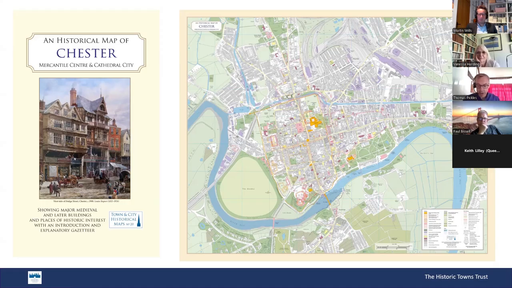Then he asks you to create a gazetteer of historically significant sites from the beginnings of the city up to the 20th century, which will feature on the reverse of the map. And then, as Keith has mentioned, you're asked to provide spatial data for those lost historic sites that can then be mapped. And you've already seen this. This is the end result, the early 20th century digitized map with all of that spatial data expertly added onto it by Giles.